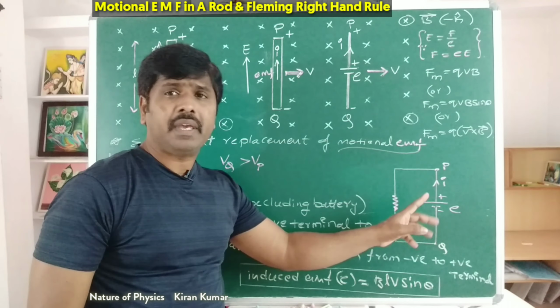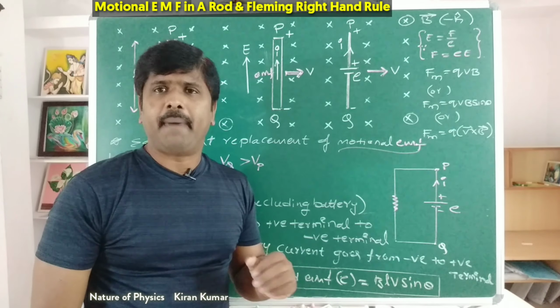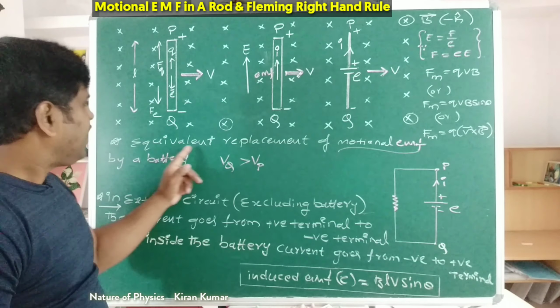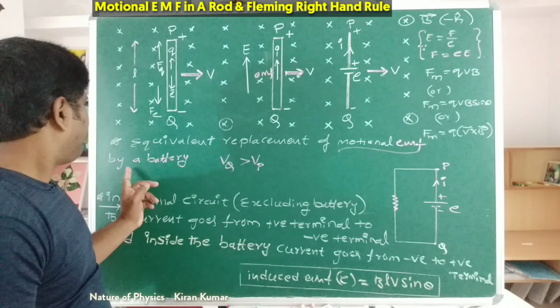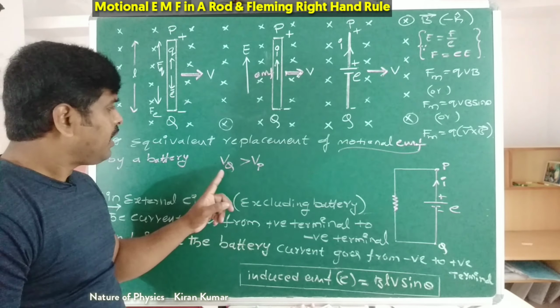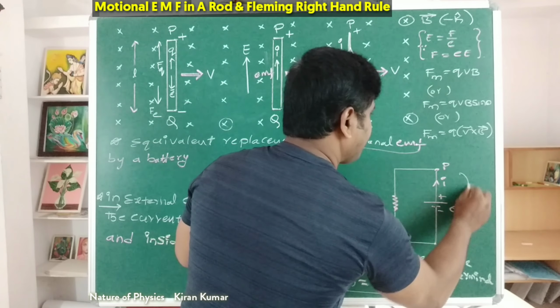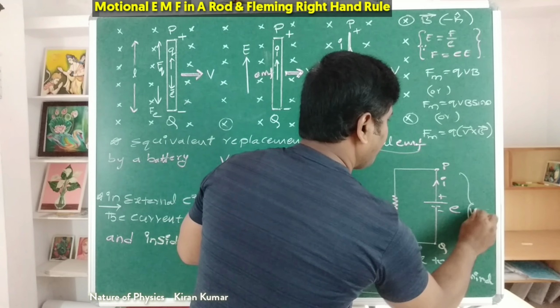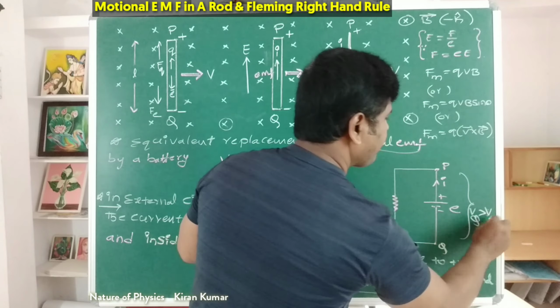So PQ is the length of the rod. Now it acts as a battery. See, the equivalent replacement of motional EMF by a battery. In the battery, the potential VQ is greater than VP. In this area VQ is greater than VP.